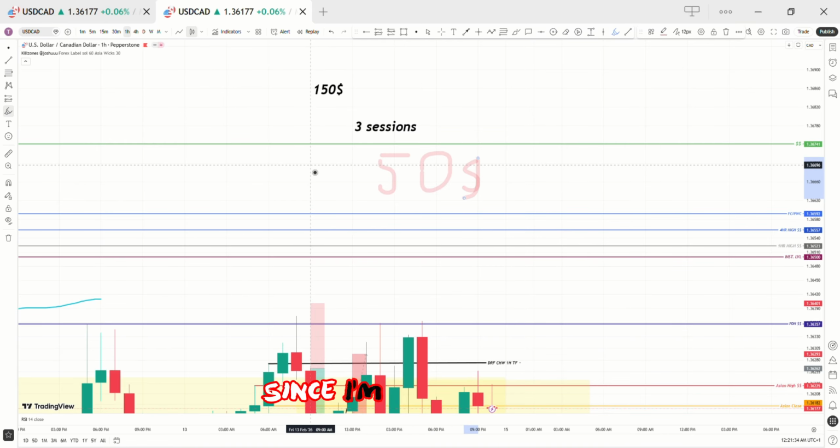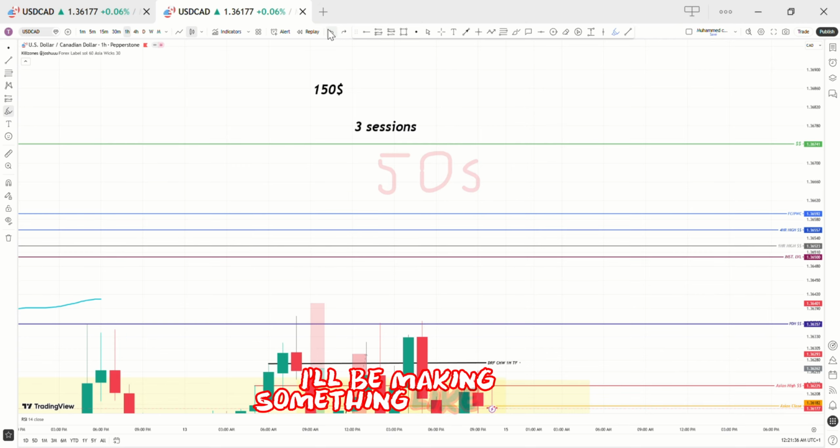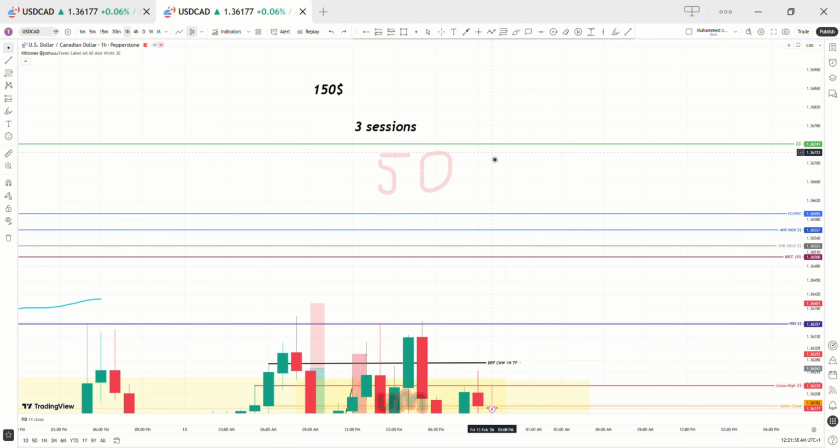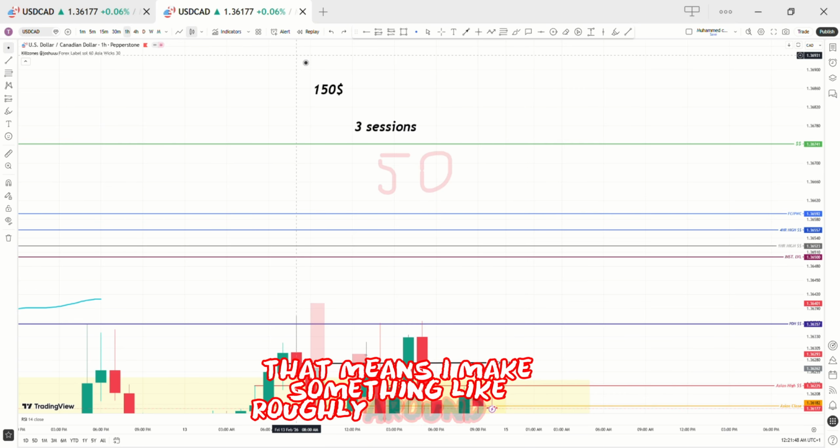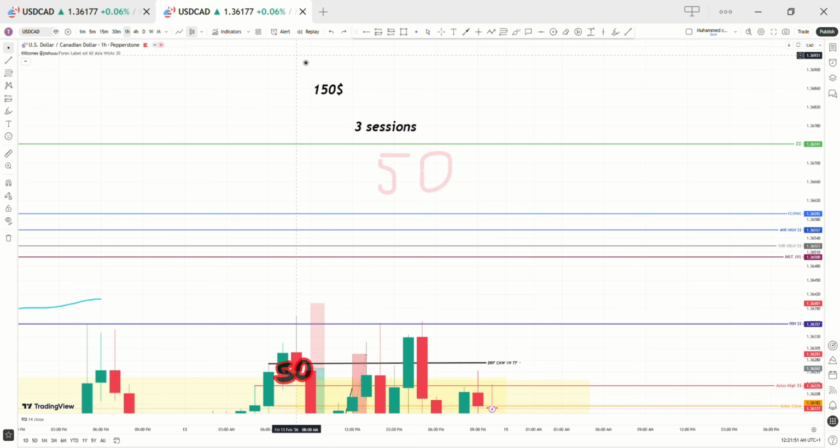Since I'm targeting a 3 RR, I'll be making something like $150. And if I win the next trade, which goes during London close, that means I make roughly around $250 or so. So if I lost two trades in a day, and I win one, I'm profitable for that day.